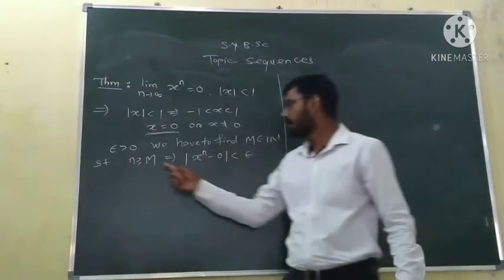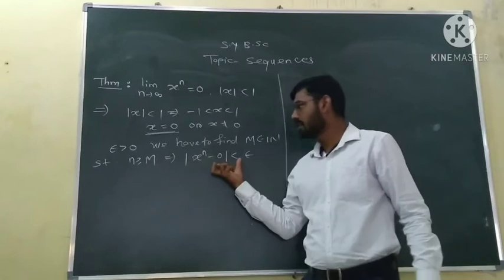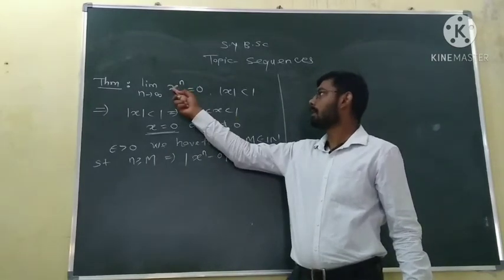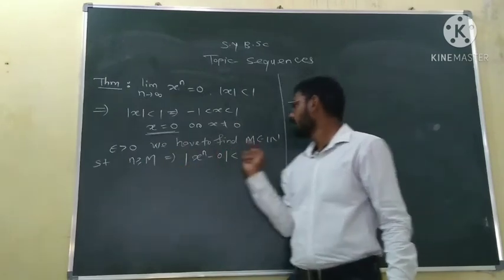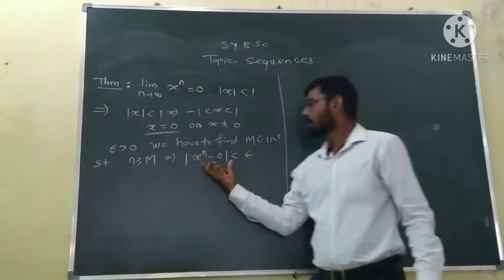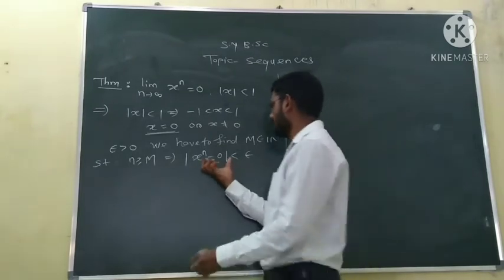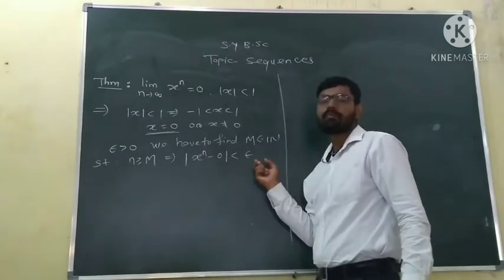If we find a value of m satisfying this condition, we will prove the limit of this is 0. So for that purpose we have to find the value of m. So let us assume this is true, that is, this mod is less than epsilon.